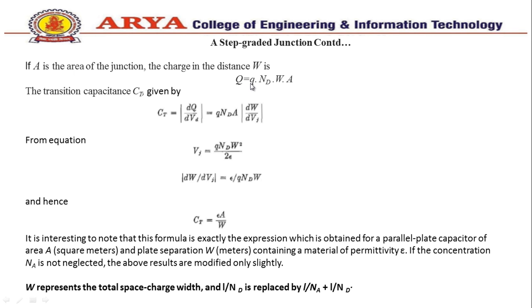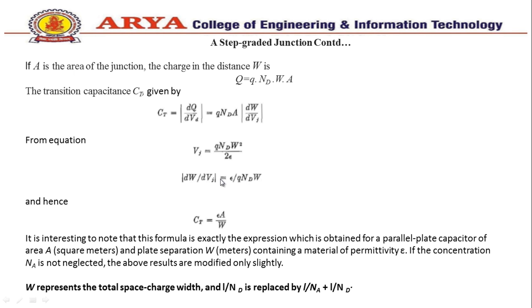Putting the value of q in this equation, we get q Nd A times dW upon dVj. We know that Vj equal to q Nd times W square upon twice epsilon. From this equation, by differentiating, we get dW upon dVj equal to epsilon upon q Nd W.